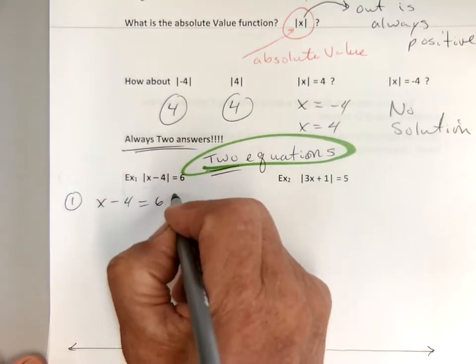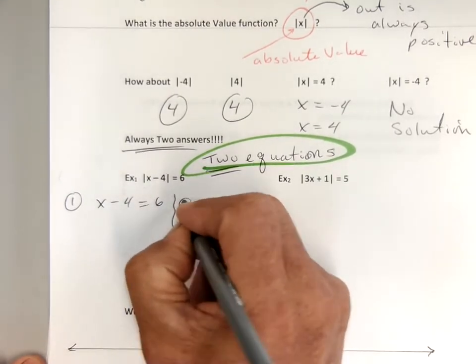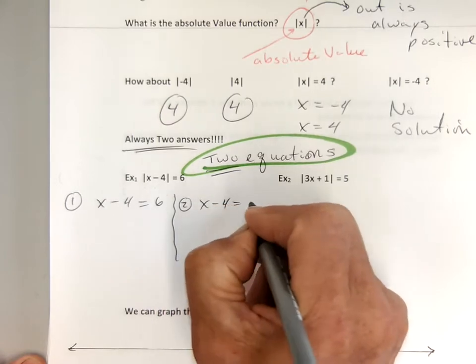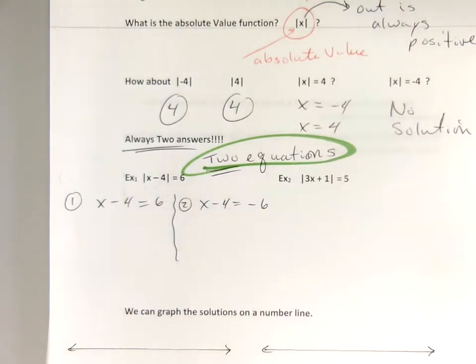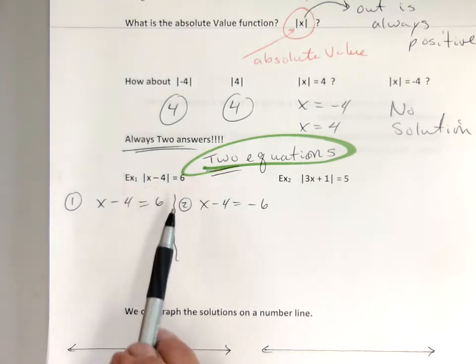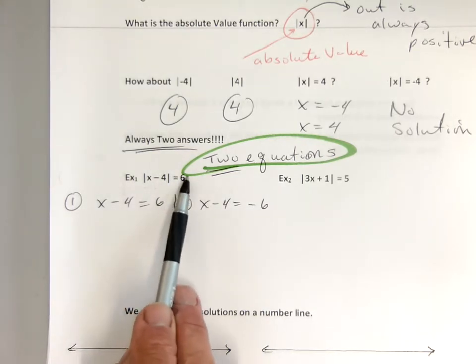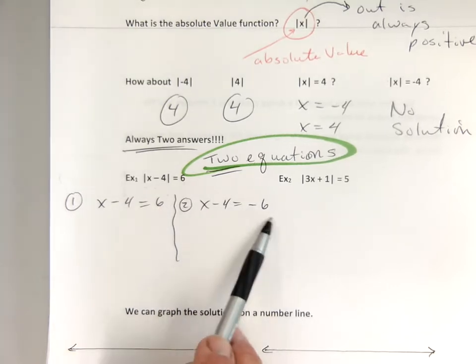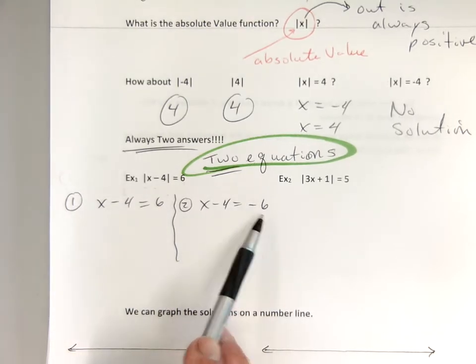The second equation is going to be x minus 4 equals negative 6. Because the 2 answers, one could be positive, one could be negative, and they can still give us that answer. So here's my positive 6, and my negative 6. So now what we're going to do is solve both equations.